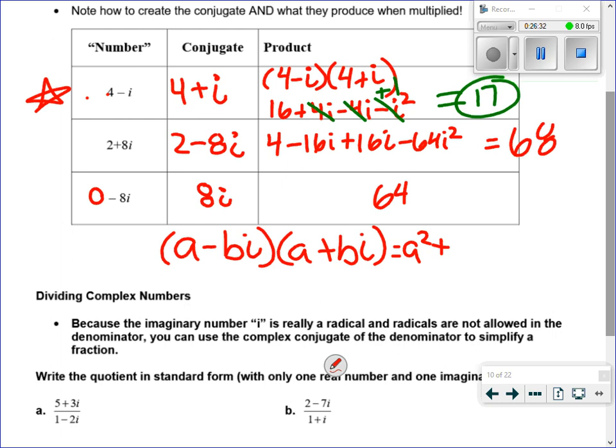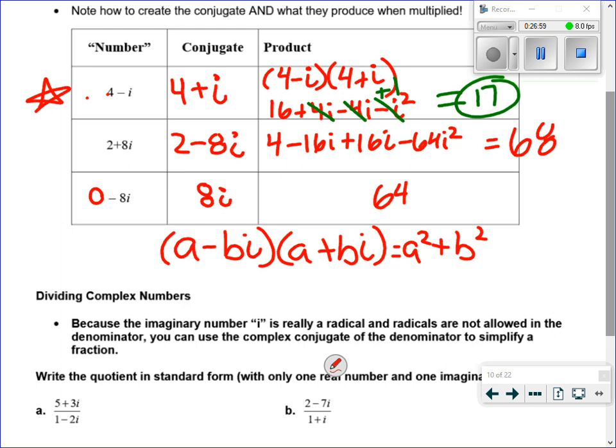Then think about it, in this case it was 1, that was your what term? Your b. So 1 times 1 gave you 1 squared, and it was positive, so adding 1, that's how we got 17. So your conjugate product is always going to be equal to your a squared plus your b squared.